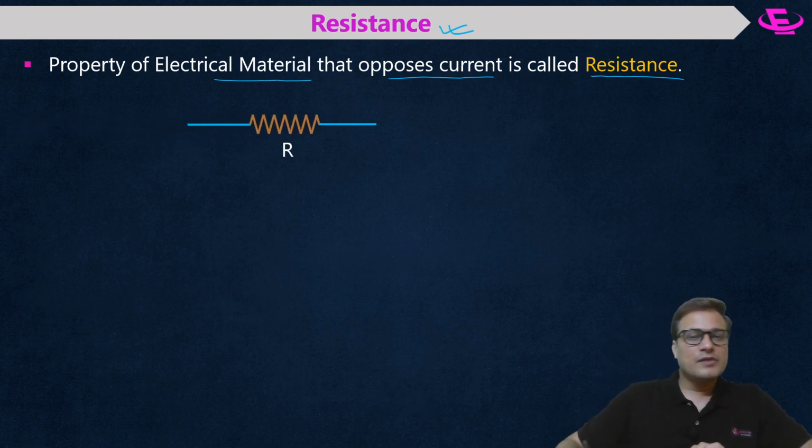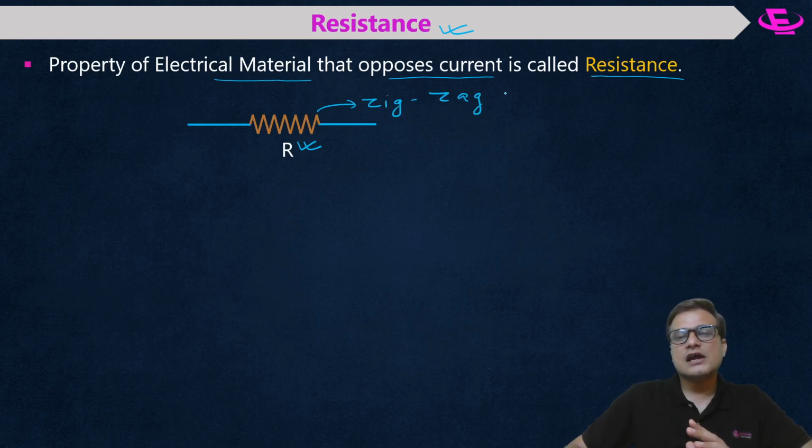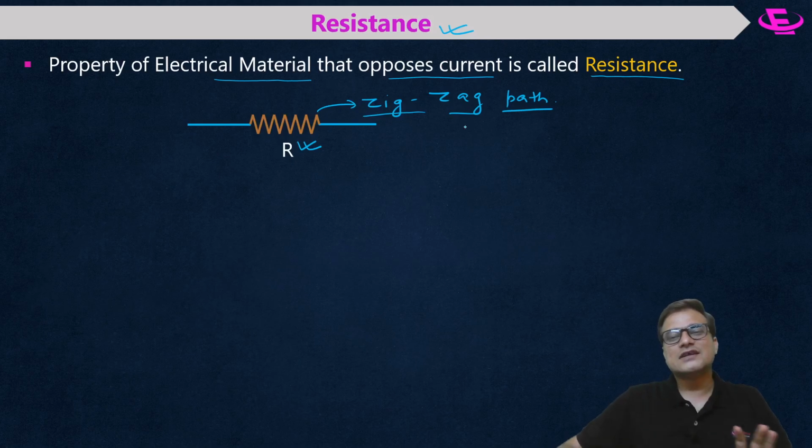So what is the symbol? All the elements have different symbols. This is the symbol of a resistor. What do you call it? It is called a zigzag path. Now if you appear in an interview, they may ask you why the resistor symbol is zigzag. So what will be your answer? What is the job of resistance? Resistance is opposing current.